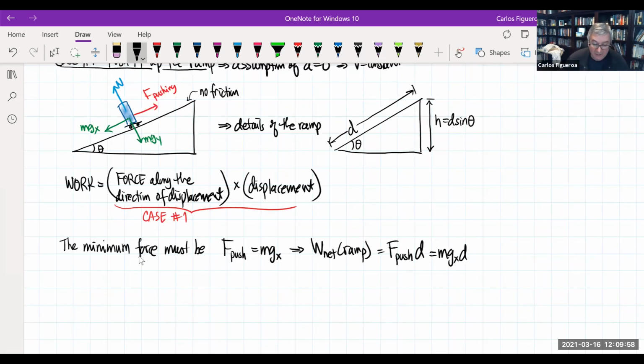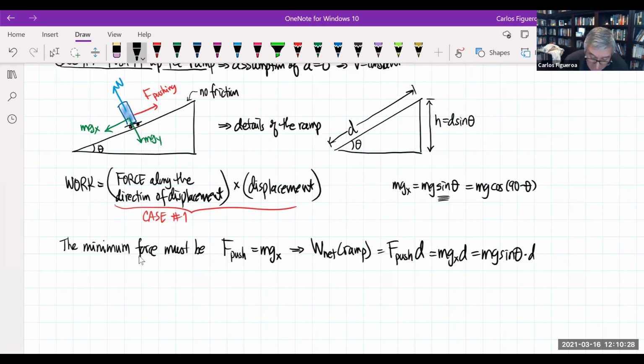But we know how to write down mgx. So if I use the angle here, I can write mgx as what? mg sine of theta, or I can write this as mg cosine of theta, where it's got to be 90 minus theta. I'm going to use this one just because it's cleaner. So then this guy's going to read mg sine of theta times d.